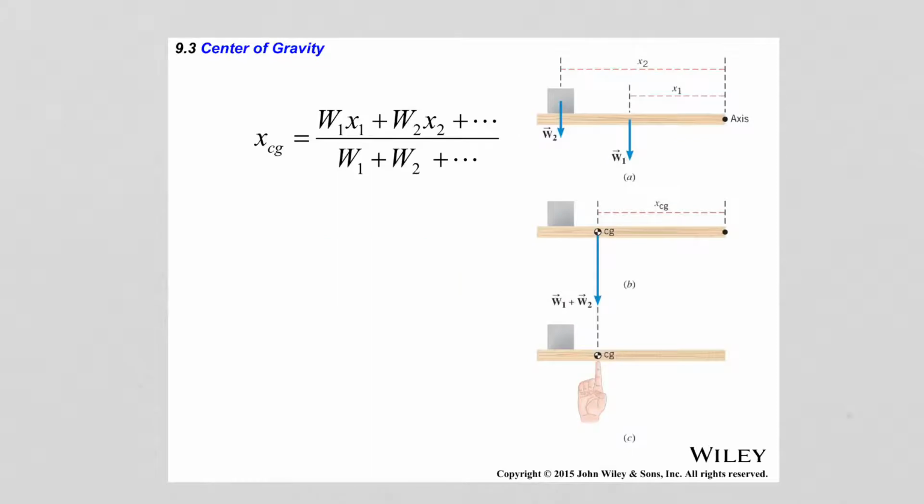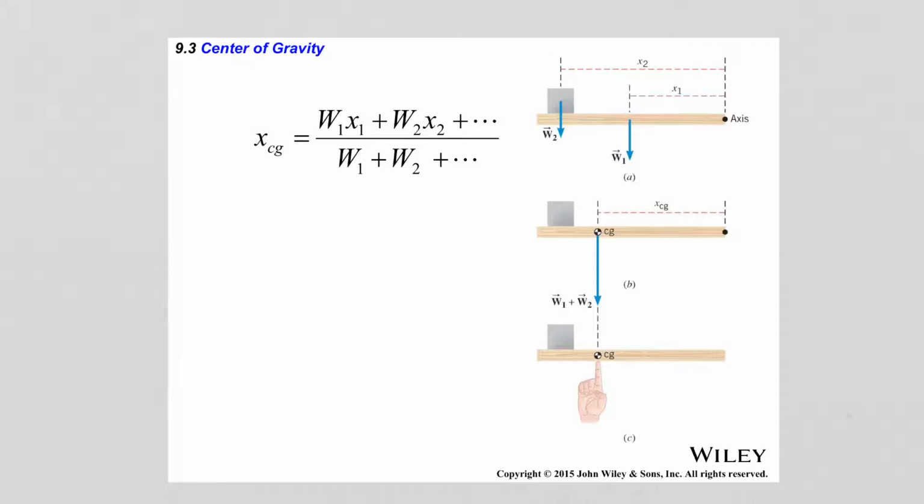So how do you calculate the position of the center of gravity of an object? Here is my board with an axis of rotation attached to the right end. It has a center of gravity at this position, x1, measured from the axis of rotation. I also have a mass with weight W2 placed at a distance x2 from the axis of rotation.